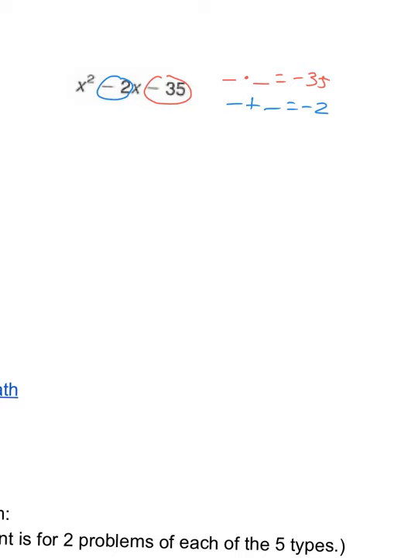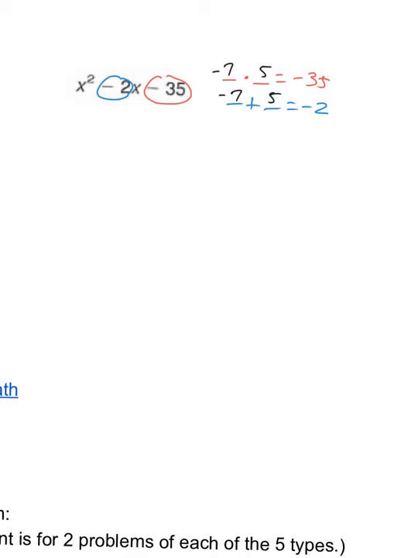You have to think about that for a second. I know that 7 times 5 is 35, but I want them to multiply to make negative 35, so one of those numbers must be negative. And I want them to add to make negative 2, so that must mean that the 7 must be negative.